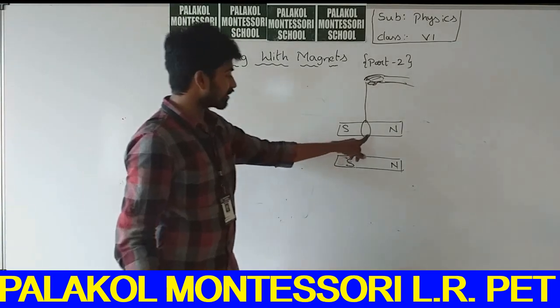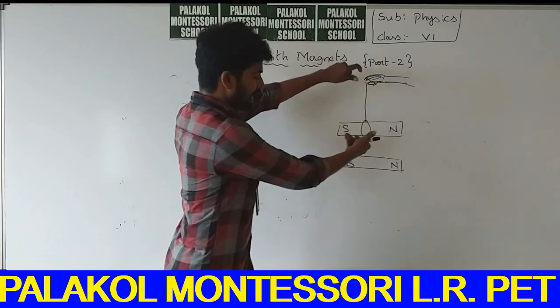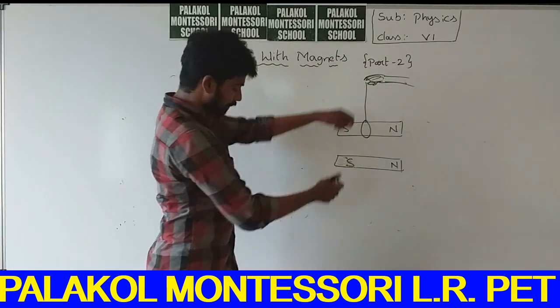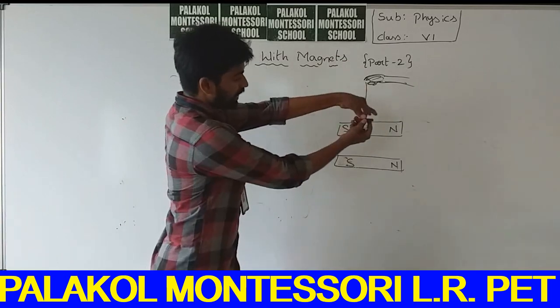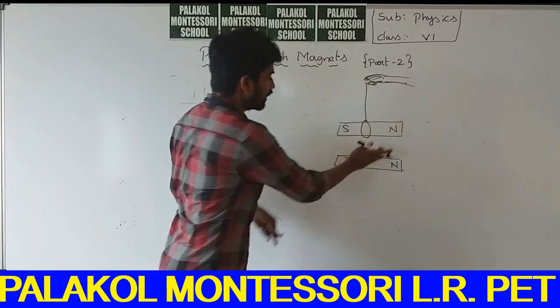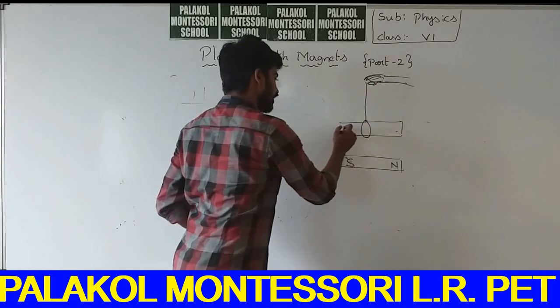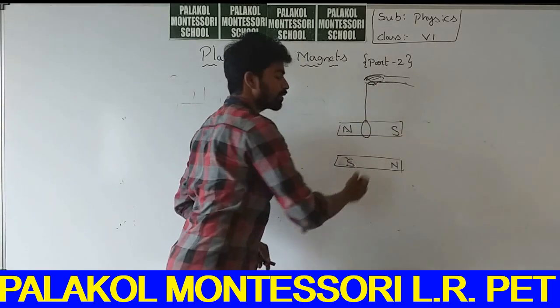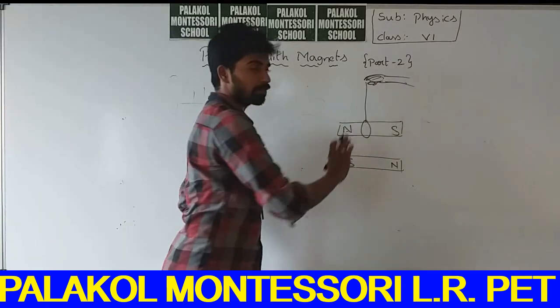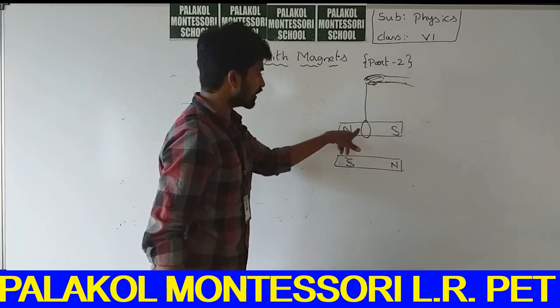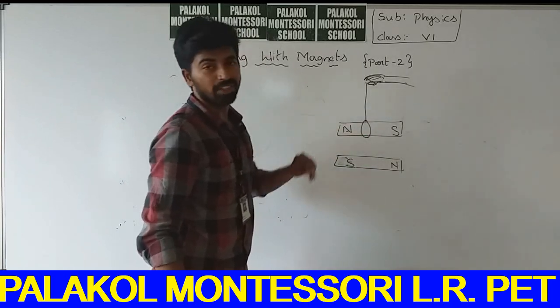This suspended magnet will rotate in such a way that north comes to this side and south pole comes to this side. A rotation will be observed. Why? Because north will attract south.